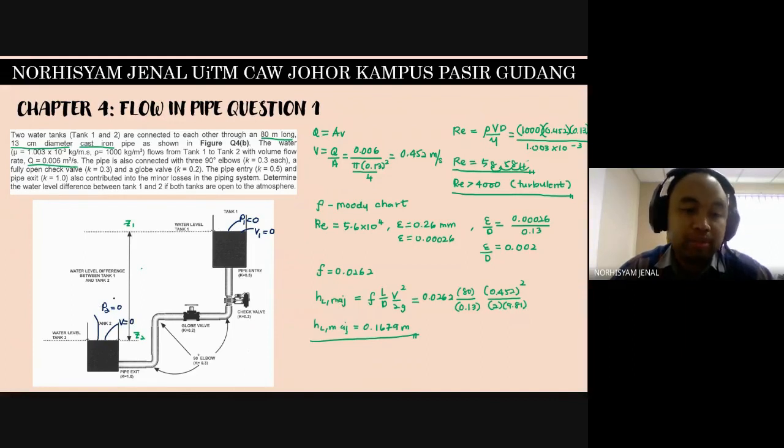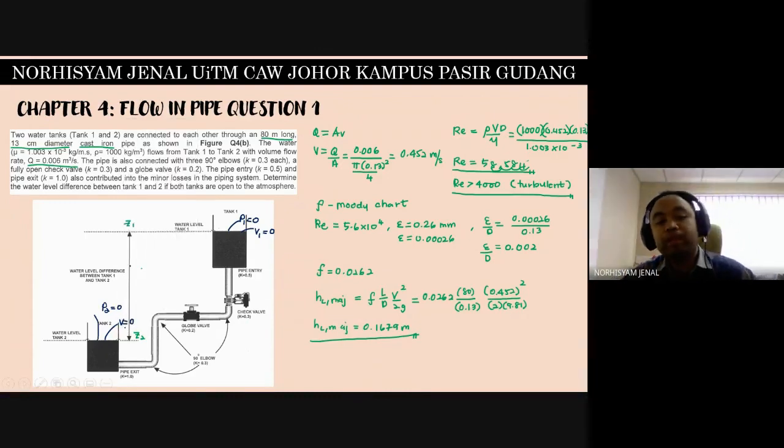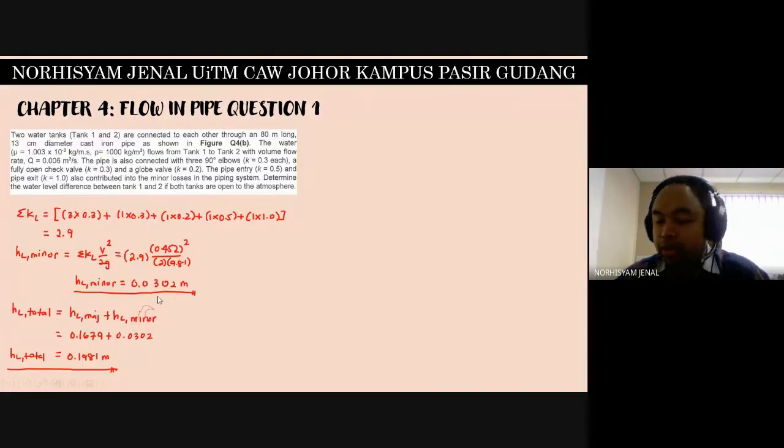P2 0 because it is open to atmosphere, V2 0 because the question over here is based on the surface of the tank or liquid inside the tank. So the velocity is equal to 0. This is gauge pressure equals to 0. So because of that, we can just do a simple calculation or through energy equation.